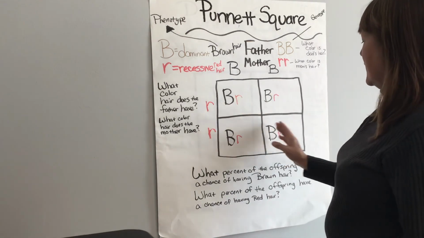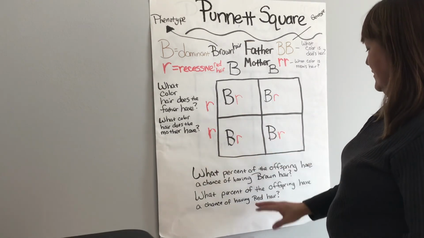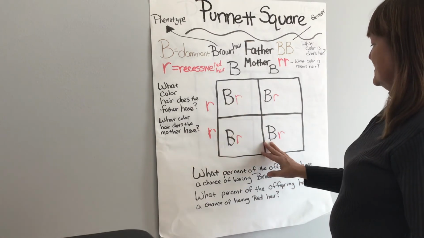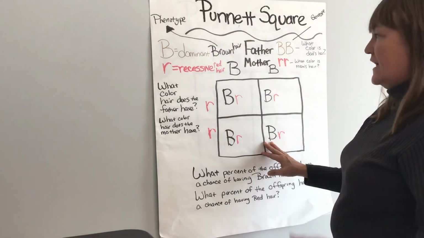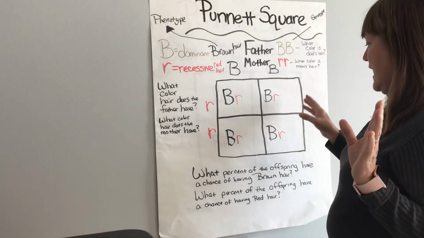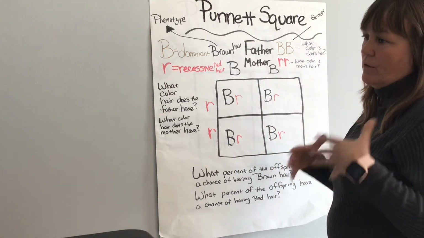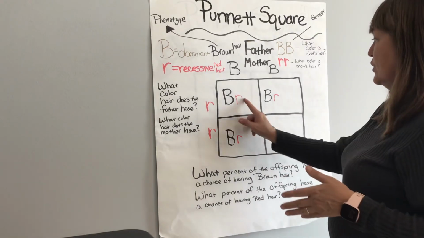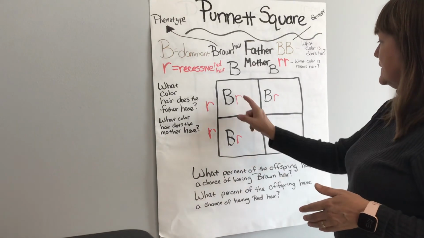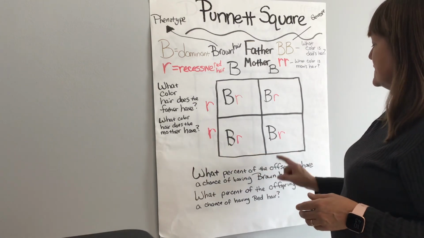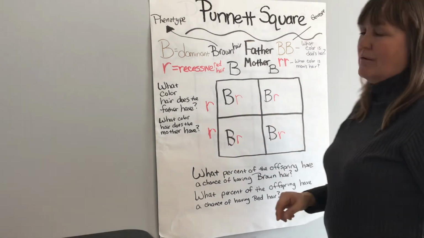The chance of having red hair would be 0% chance. But if they asked you what percent of the offspring would be a carrier for red hair, you would say 100% because each one has a lowercase r, which is recessive for red hair. All right, thank you.